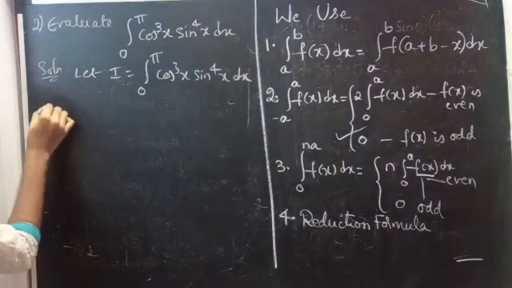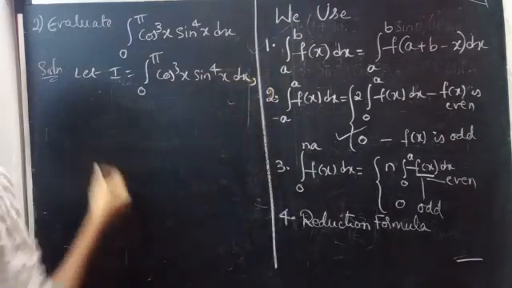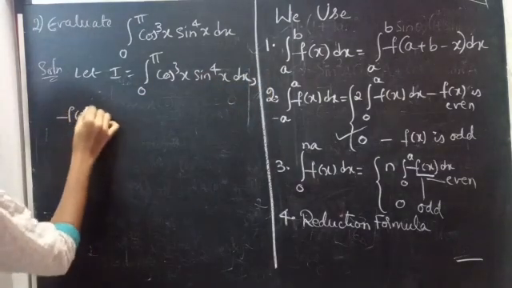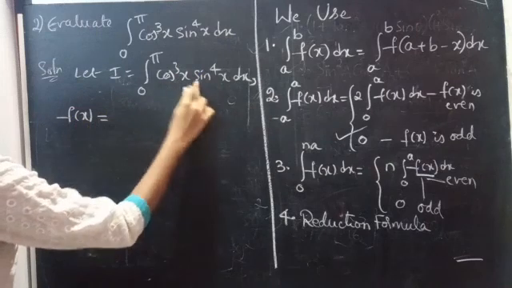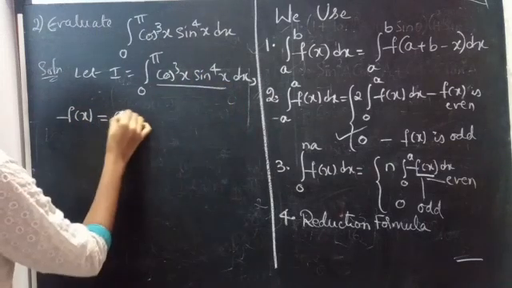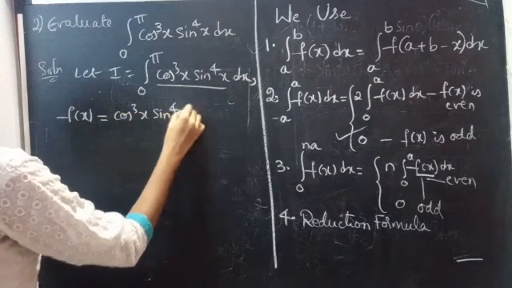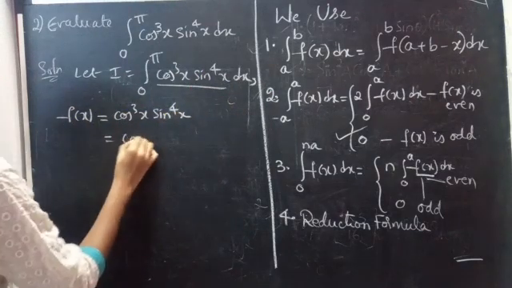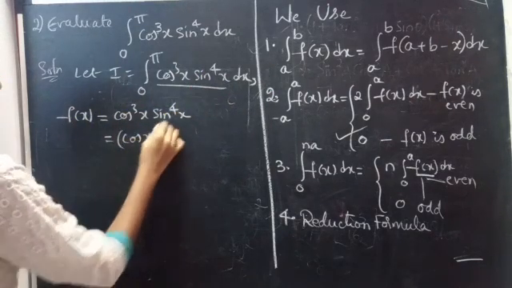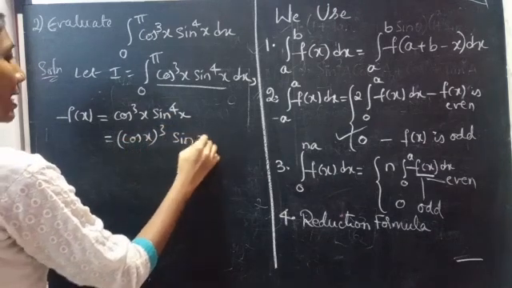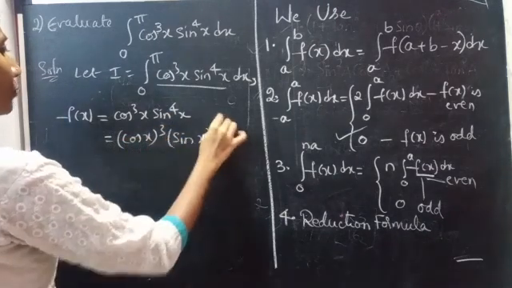Again, let f of x equal the integrand. What is your integrand? Cos cube x into sin power 4x. You can write it as cos x whole cube into sin x whole power 4.